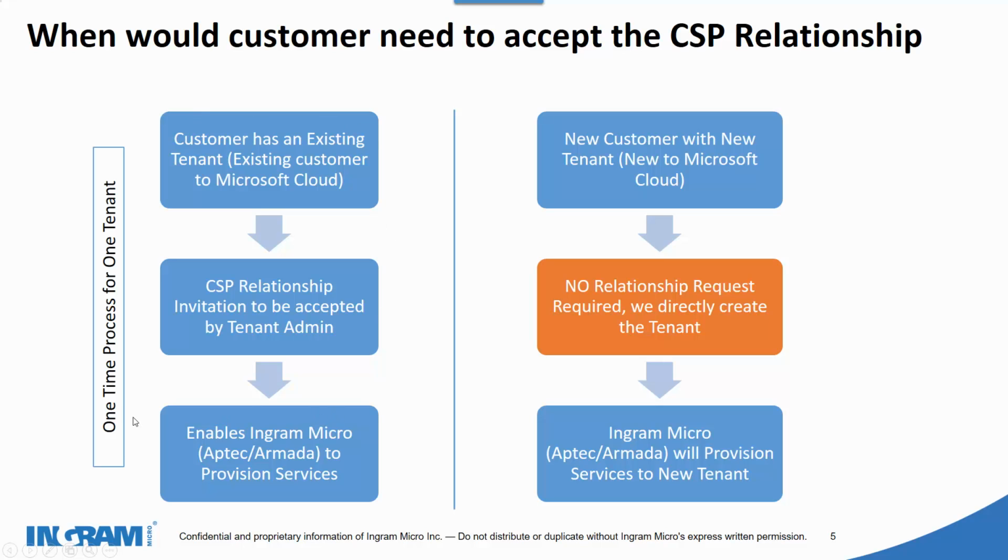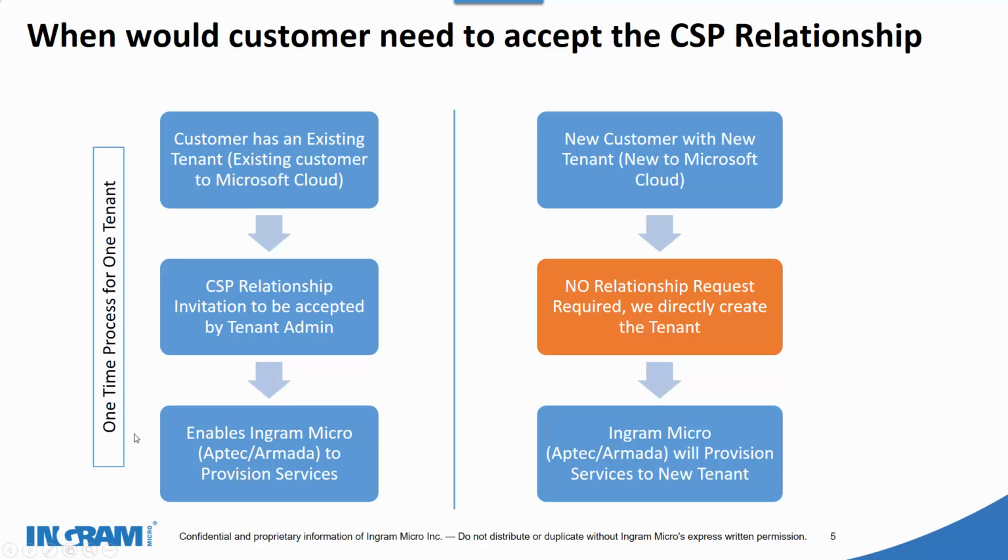For an existing customer, or a customer with an existing tenant for Microsoft Cloud Services, this relationship link will have to be sent as an invitation to be accepted by the tenant admin. Once that acceptance is done, Ingram Micro or AppTech Armada, which is the subsidiary, will provision the services to that particular customer tenant.